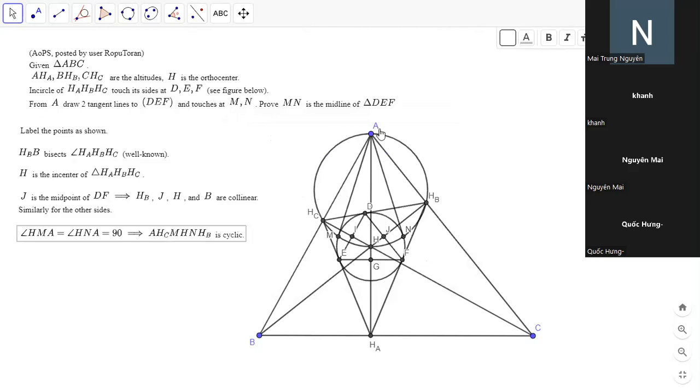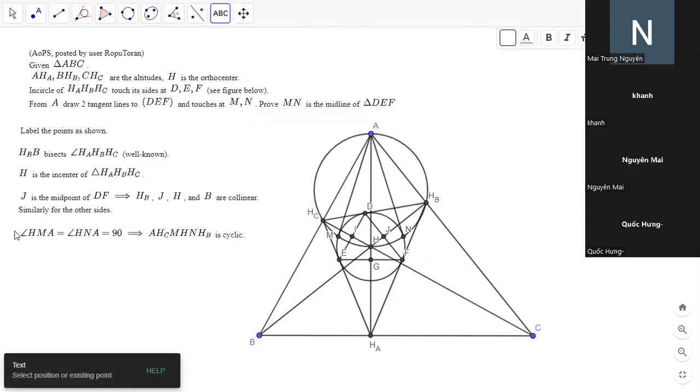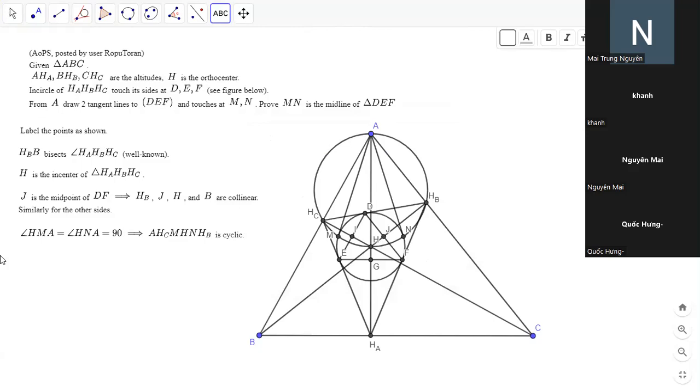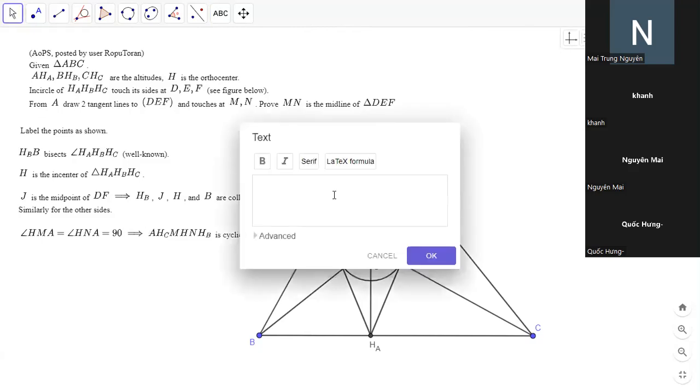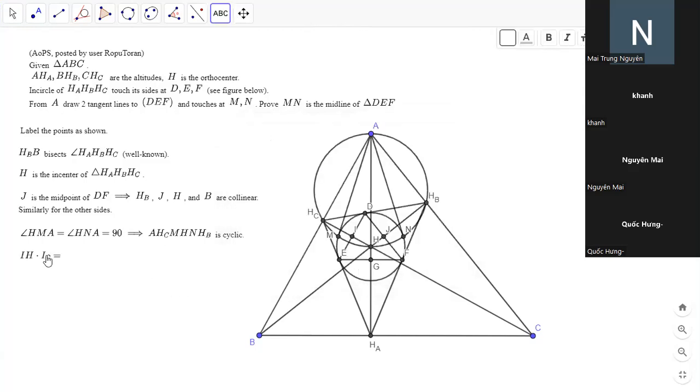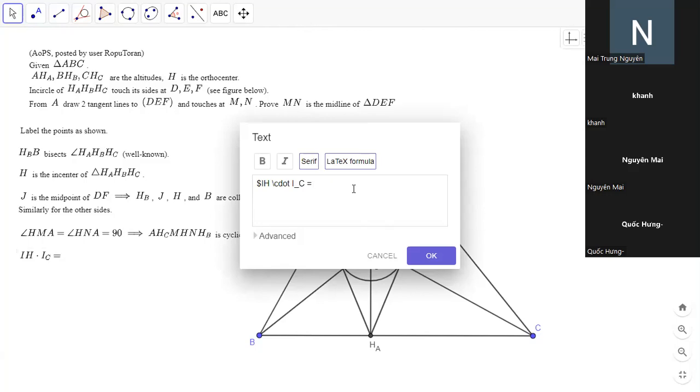And then, so IHC times IH is ID squared. That's ID squared, which is ID times IE.